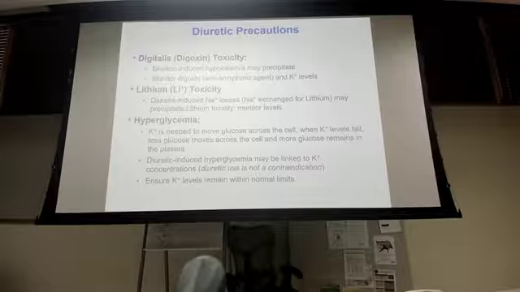We already talked about the thiazides, but we're going to add the loops to that equation, which can cause hyperglycemia. We talked about thiazides, which mask that hyperglycemia in our diabetic patients. Potassium is needed for glucose to enter cells. As we just said, the thiazides are going to decrease your potassium.